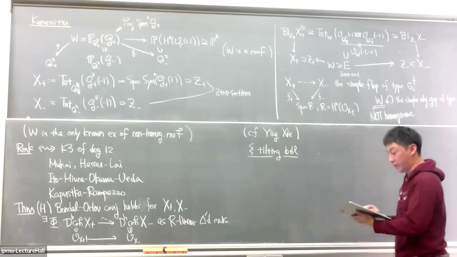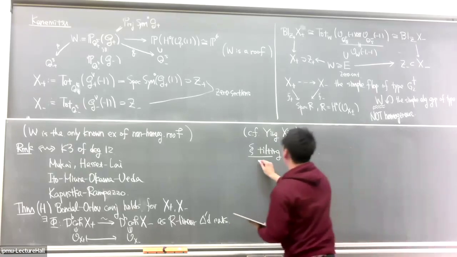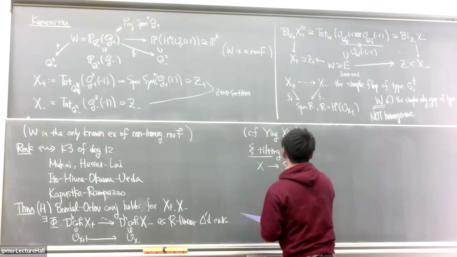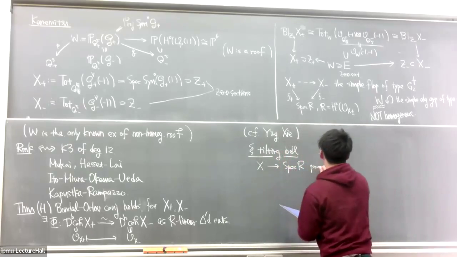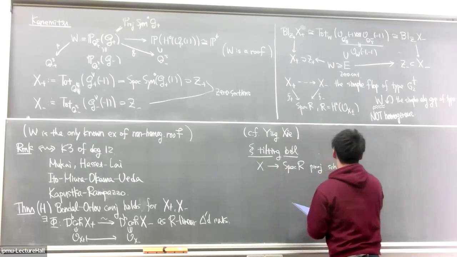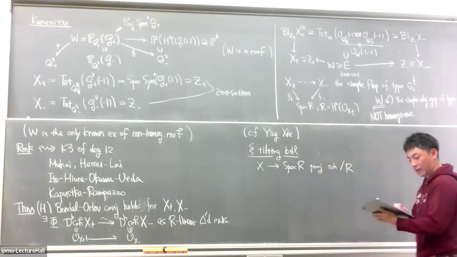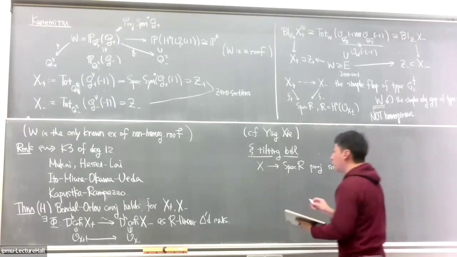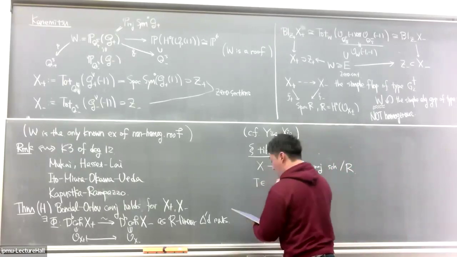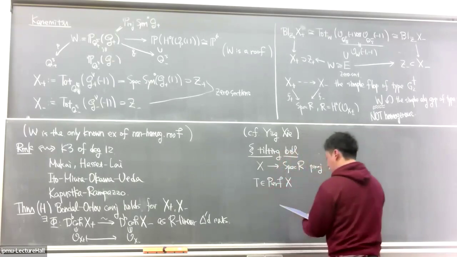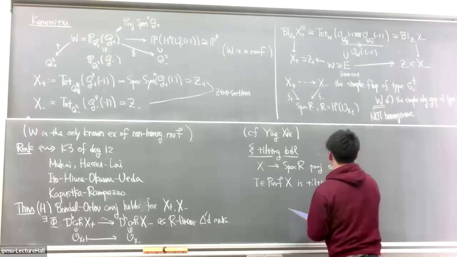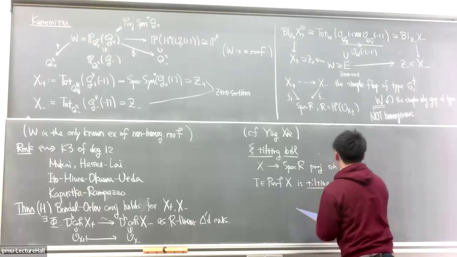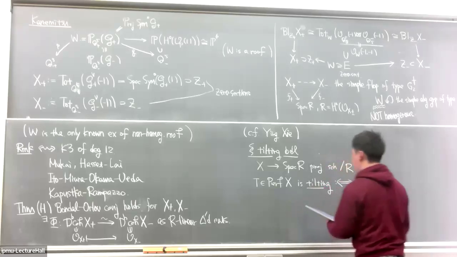So first, I briefly recall what a tilting bundle is. Say X is a projective scheme over some nice ring R. Then we say T is tilting if the following conditions hold.